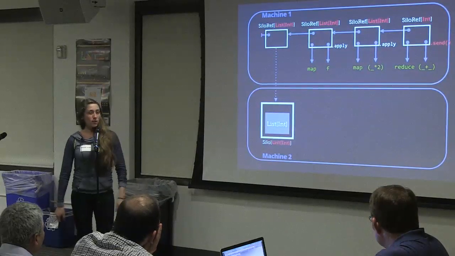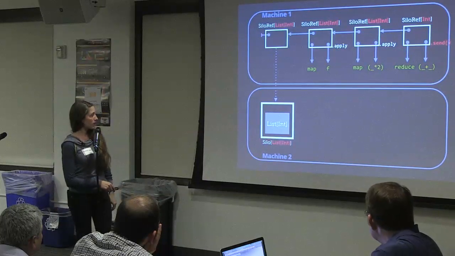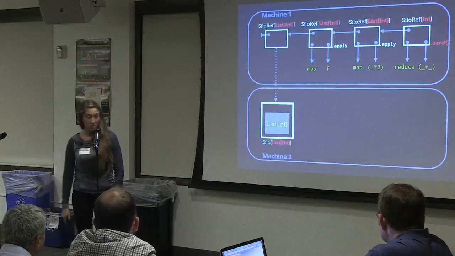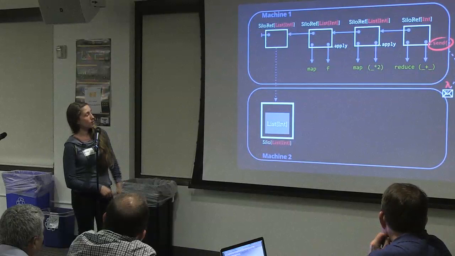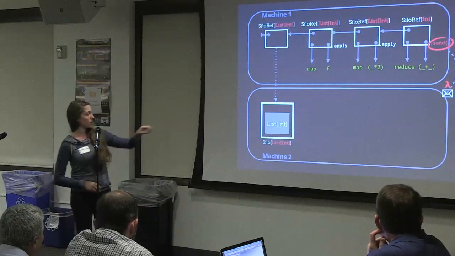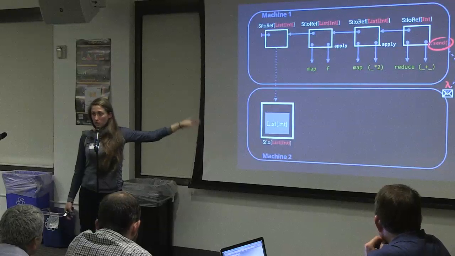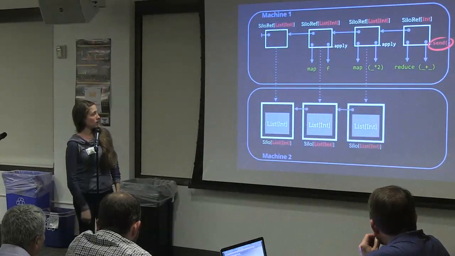So this is what it looks like the moment you hit the send button, basically. You have this silo ref that was always pointing to some silo existing on another machine. Your send thing happens. So the runtime receives the message, and it knows how to apply it to this piece of data. It knows where it is and how to apply it. And then these things get materialized.